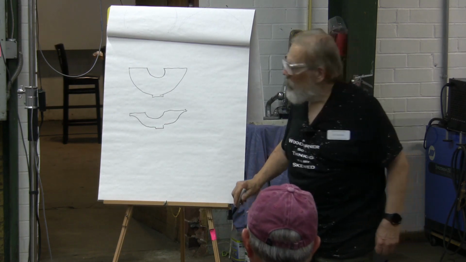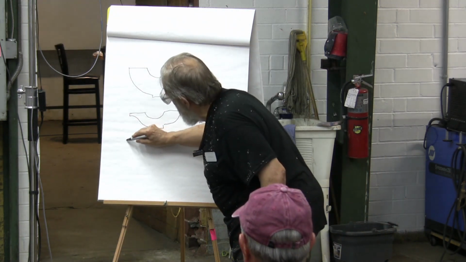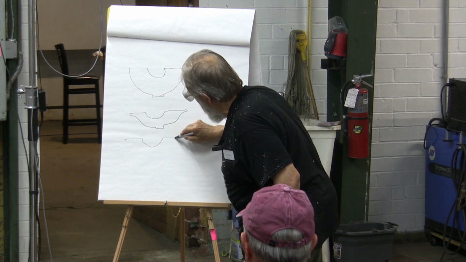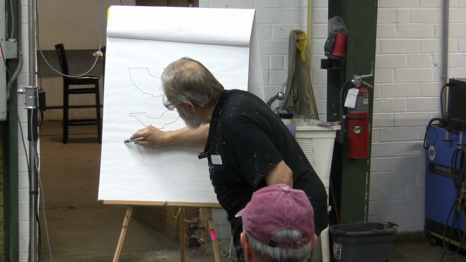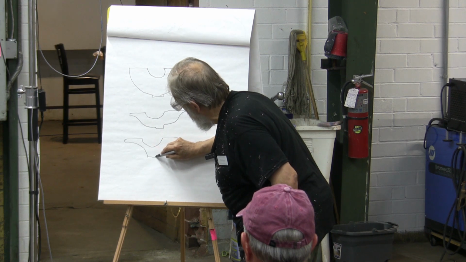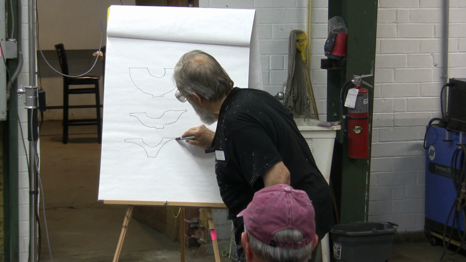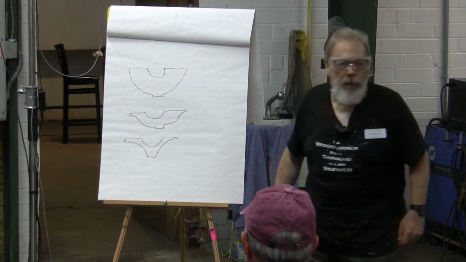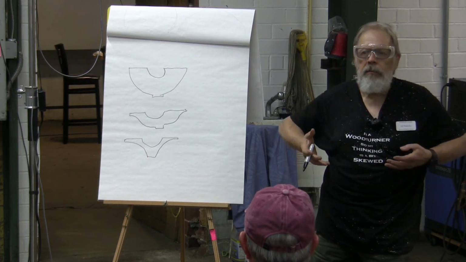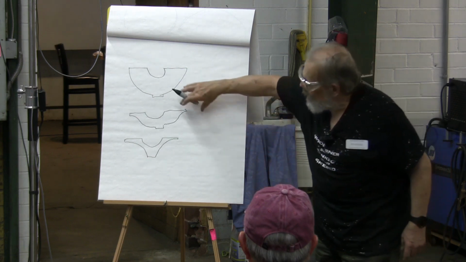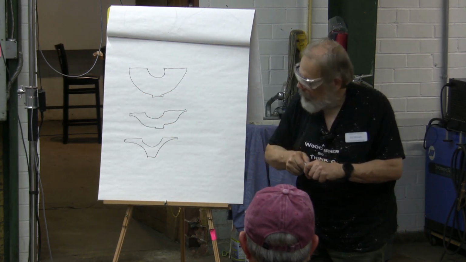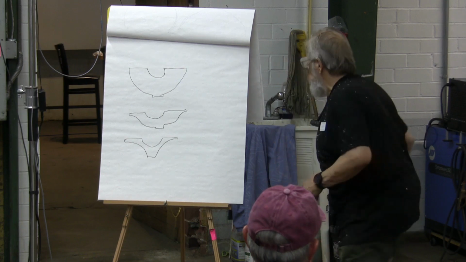The other one is called a flare. And that's another one where you can give the appearance of lightness in the bowl, even though you have a wide rim, to do some detail.